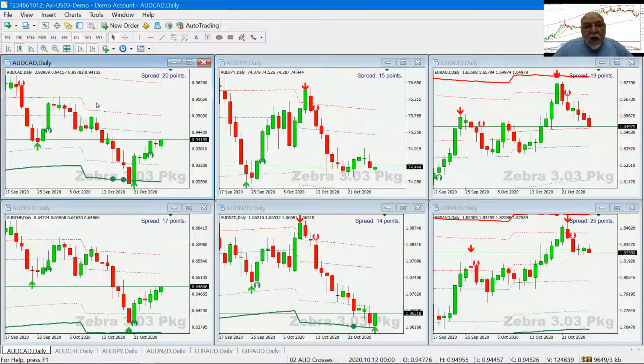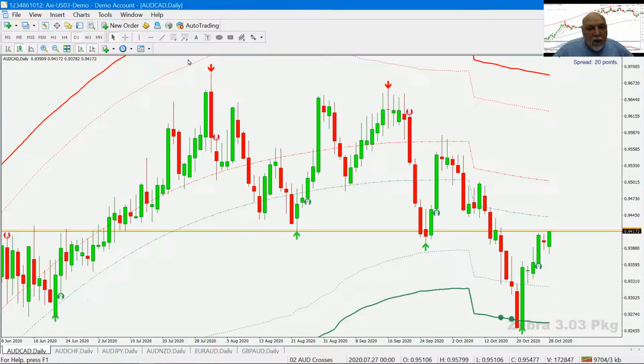And I can quickly, again, on a daily basis, look and say, okay, look right here. That would have been a good trade. And it was 60 pips in the last few days. Okay, here, open this up real quick.